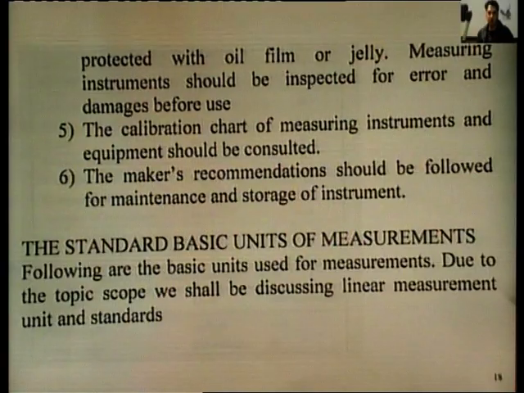Measuring instruments should be inspected for errors and damages before use. The calibration chart of measuring instruments and equipment should be consulted for checking whether the instrument is working right or not. For example, in the case of a micrometer, the manufacturer supplies a small cylindrical stick along with the micrometer.